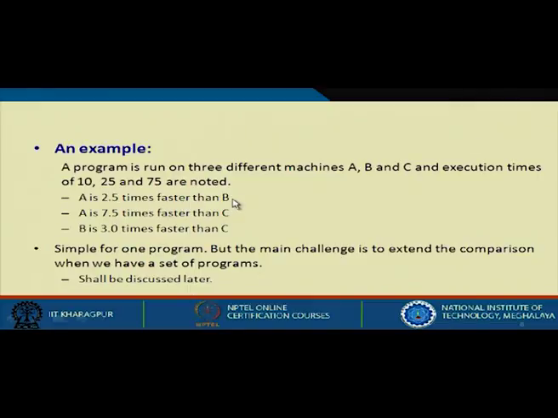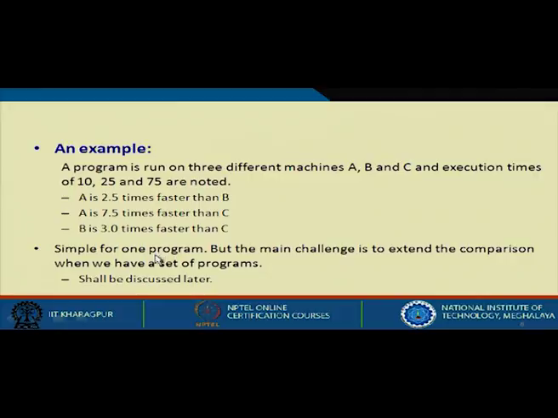Similarly, comparing A and C, 75 divided by 10 is 7.5, so A is 7.5 times faster than C. And B is 3 times faster than C, since 75 divided by 25 is 3.